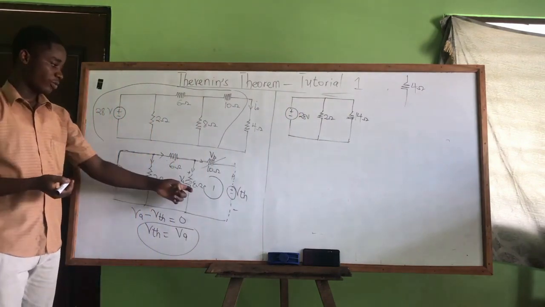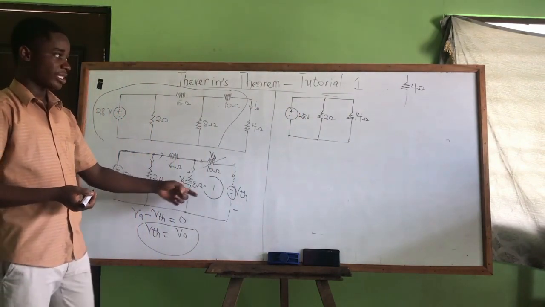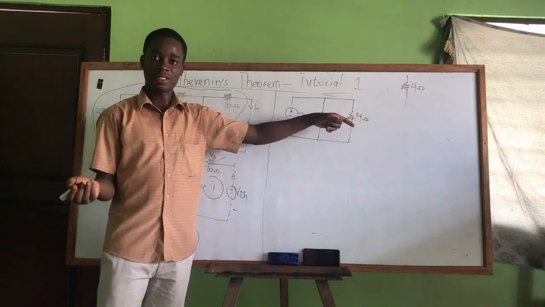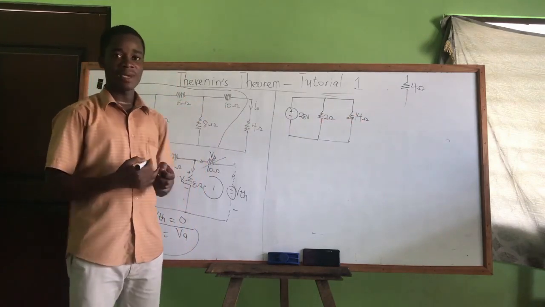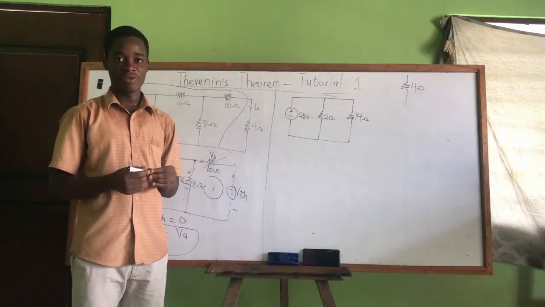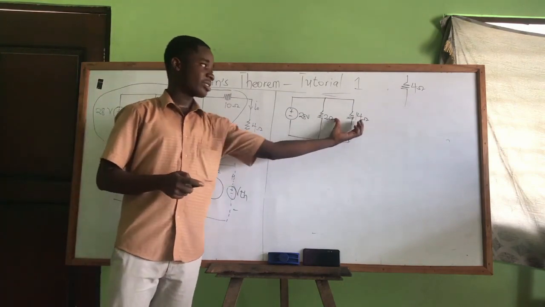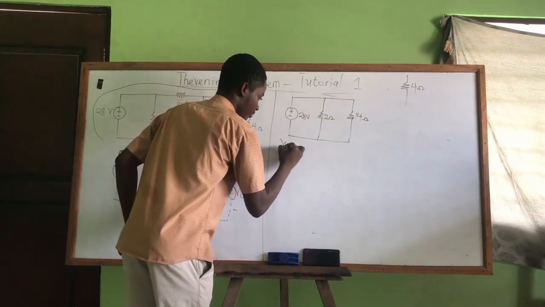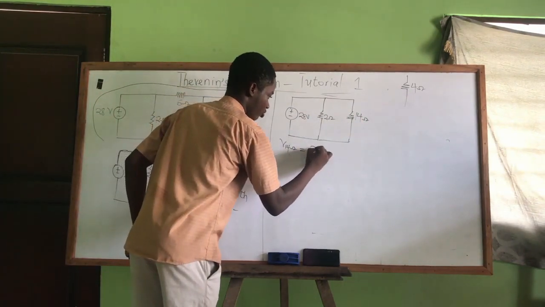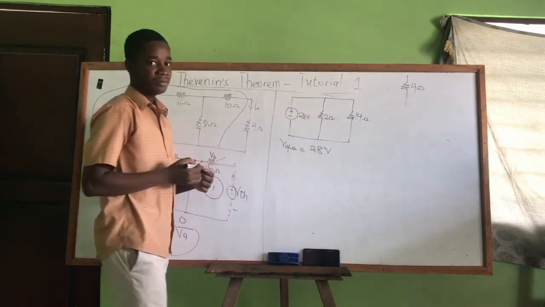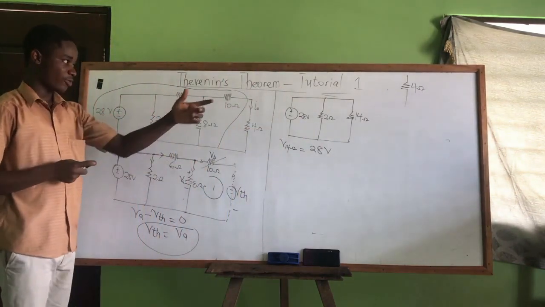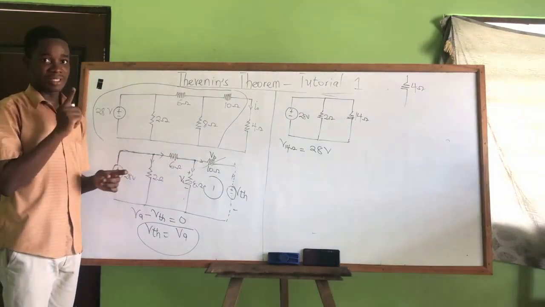Our job is to get the voltage for the 8. So if I need it for the 8, I have to focus on what? The 14. And from here, all the elements are in parallel. So they have the same voltage. Meaning the voltage across the 14 is also what? 28 volts. But the 14 is from where? 8 and 6 in series.